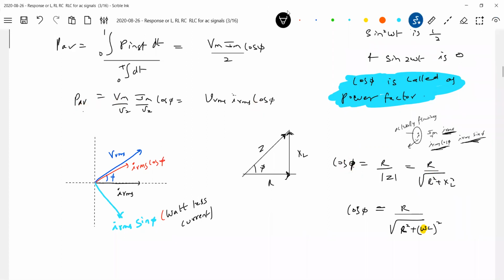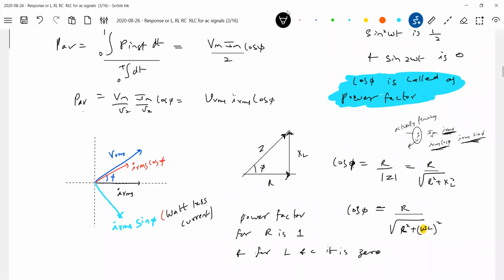So for the power factor, for R it is 1 and for L and C it is 0. The value of cos phi will be 1 for a pure resistive circuit.